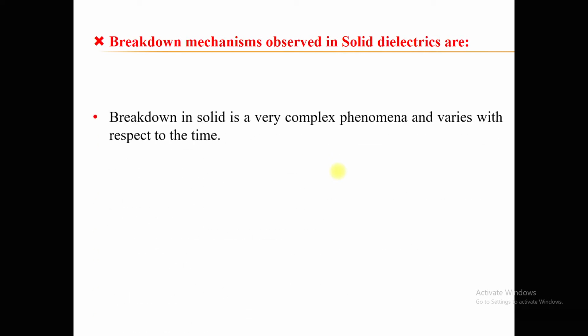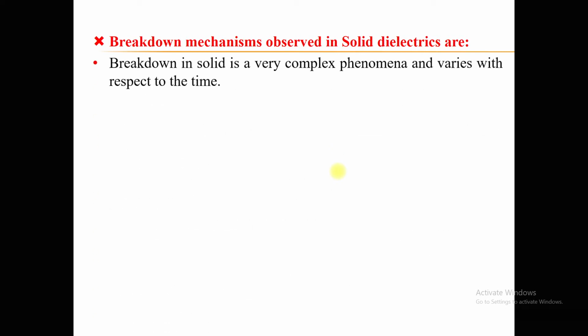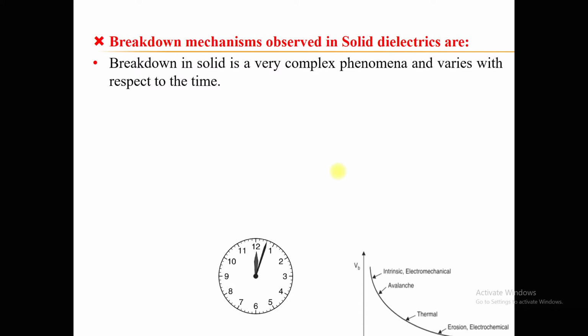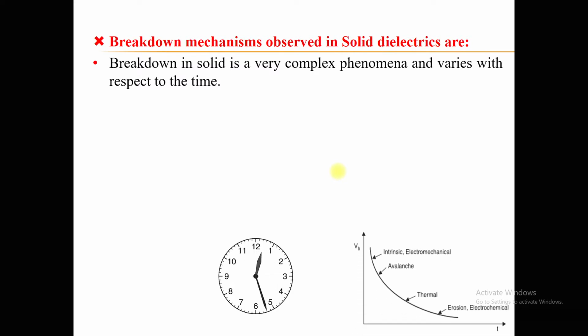So breakdown mechanism is actually a very complex phenomenon in dielectric materials, and it usually varies with respect to time. Depending upon this time variation, the mechanisms of failure observed in solid dielectrics are classified into these categories. If you look at this characteristic, the breakdown voltage varies with respect to time.